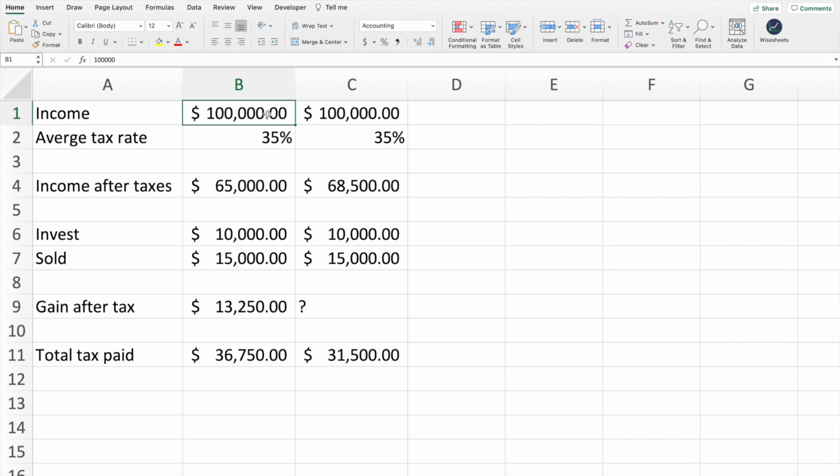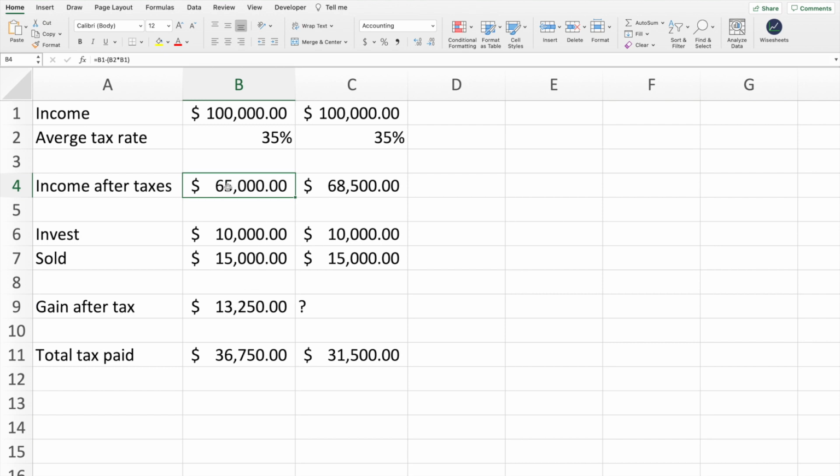Now, another type of 401k plan that is often used is the Roth 401k plan. This essentially works just like this option. The only difference is that here you are getting taxed the big amount up front, but you do not have to pay any taxes on your sold investments.